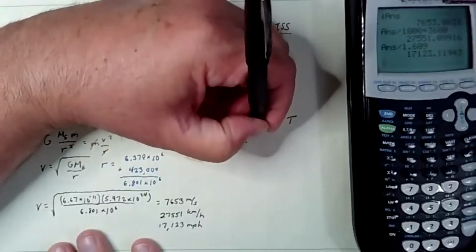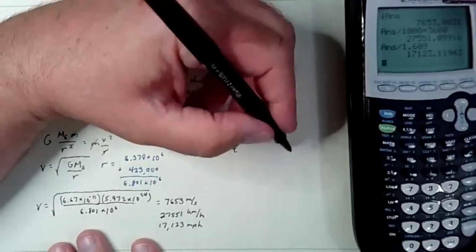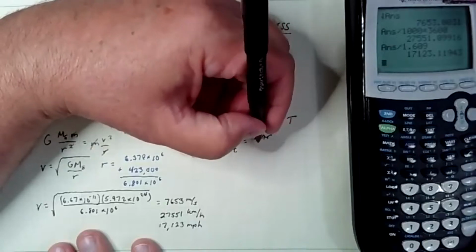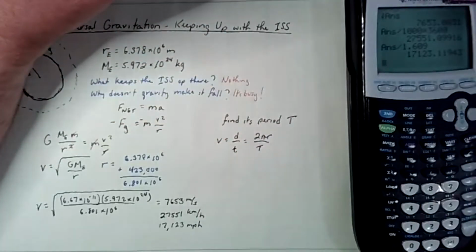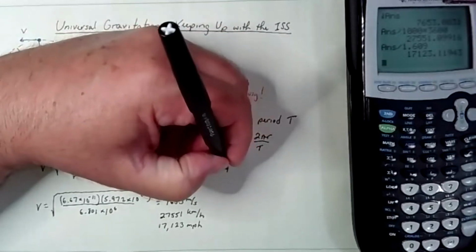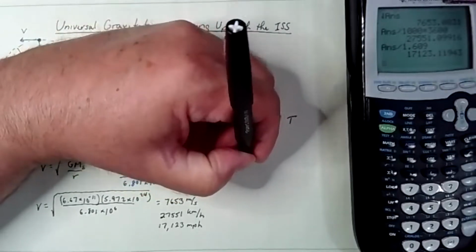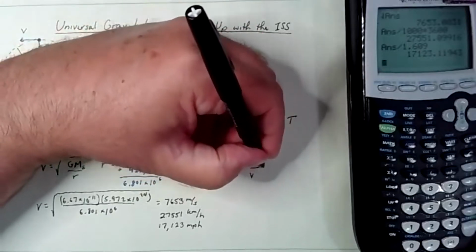And this is a special distance, the circumference, so 2 pi r. That's assuming it is actually a circle. It is actually, in practice, an ellipse. And we use capital T because it's a special time. So if we're solving for T, then that's 2 pi r over the velocity.